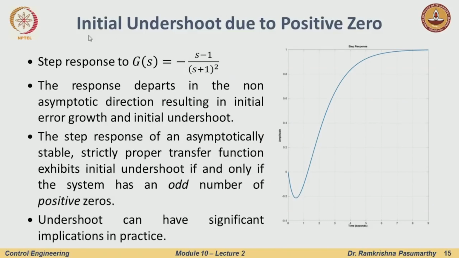Now here something else happens, right? So if I take the same transfer function with a negative sign here, and what I observe is, if I just start here and wait for a while and see what is happening, I am actually tracking the step properly, there is no error. But what is happening initially is I am actually going down. I go down and then I start rising after some time.